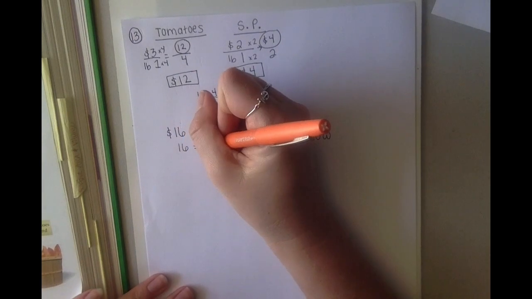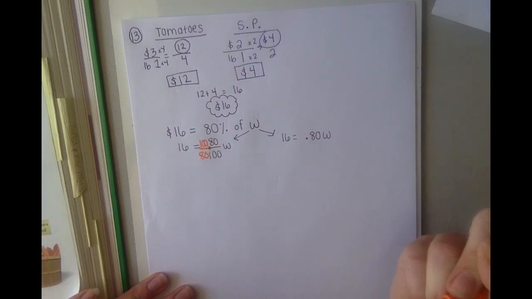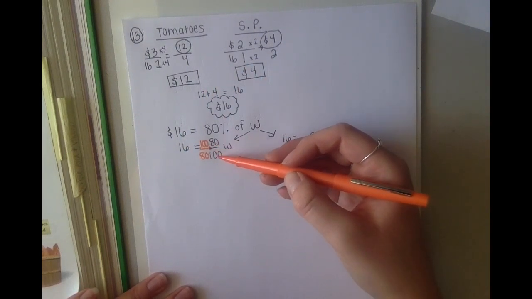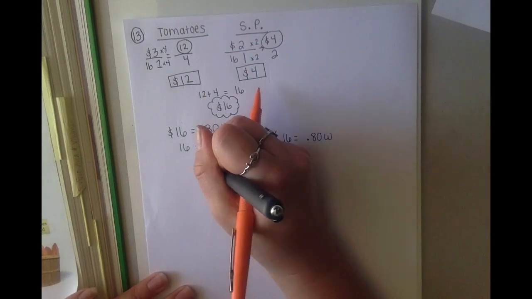So I'll say this is 100 over 80, because this over this will equal 1, so basically this just cancels out and leaves me with 1W.